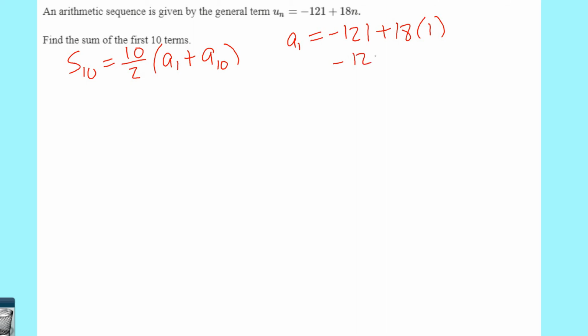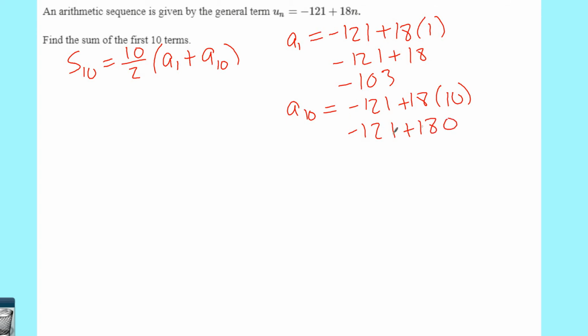So negative 121 plus 18, we get negative 103. The 10th term is going to be negative 121 plus 18 times 10. So negative 121 plus 180, that's going to be a positive 59.